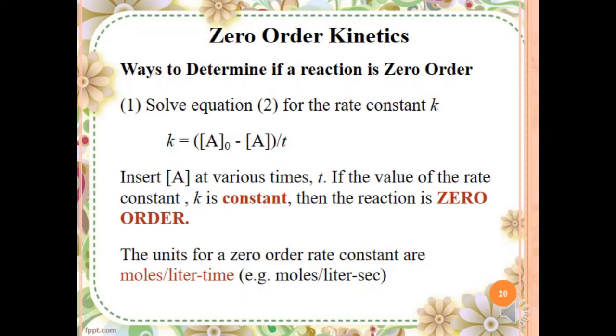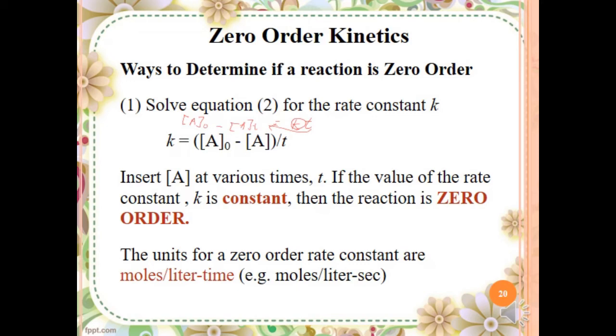How do we determine if a reaction is zero order? The first step is to solve equation 2 for the rate constant k. We rewrite equation 2, which is [A]0 minus [A]t equals kt. To solve for k, we bring t over, so ([A]0 minus [A]t) divided by t.